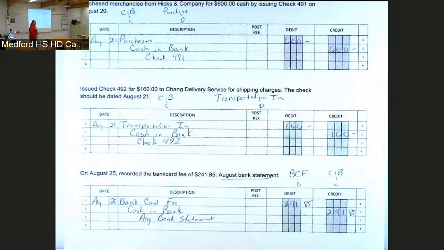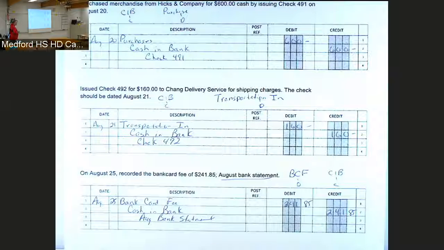The bank's going to charge us that, and it's just going to show up on that bank statement. Just like some of those miscellaneous expenses that we did in Accounting 1, we reconcile with the bank statement. Things like an NSF check, not sufficient funds, a check that bounces. We get charged, and that expense is going to be listed on the bank statement.